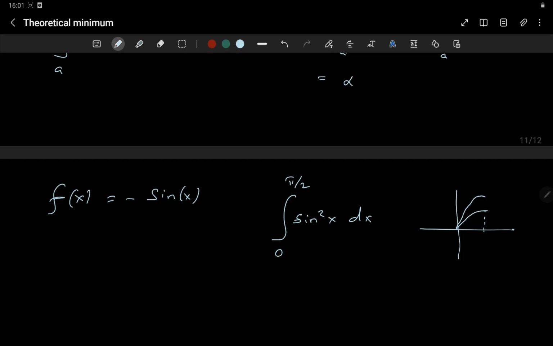I don't know, because this entire value will be less than 1. Still, if we calculate the area under that curve, it's positive. So even though the function is minus sin x.